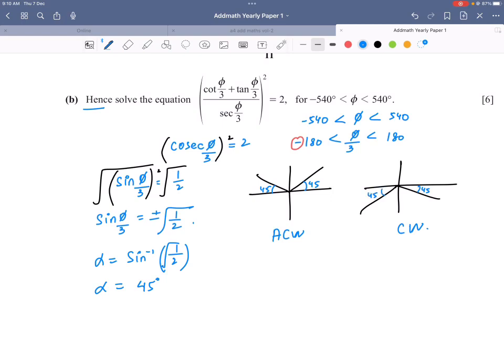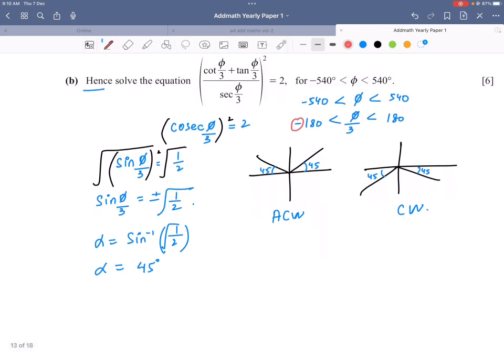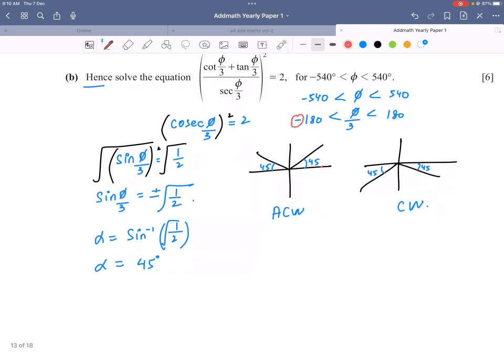Now we need to measure the angles for theta here. So for anti-clockwise movement, we are going in the first one, that will be 45, and 180 minus 45, 135. So for anti-clockwise, we have 45 and 135. For clockwise, it will be minus 45 and minus 135, right? Keep in mind the angle is equals to psi over 3.